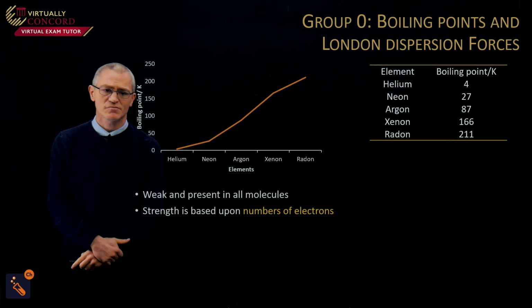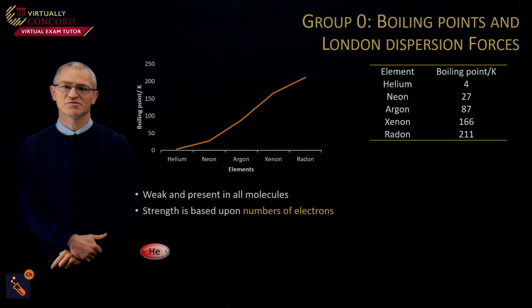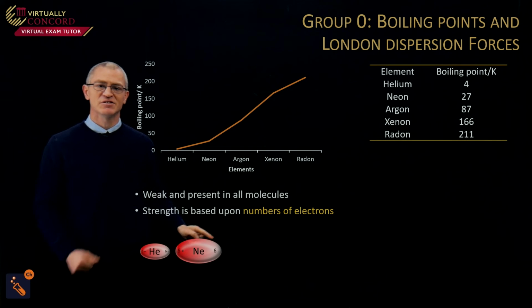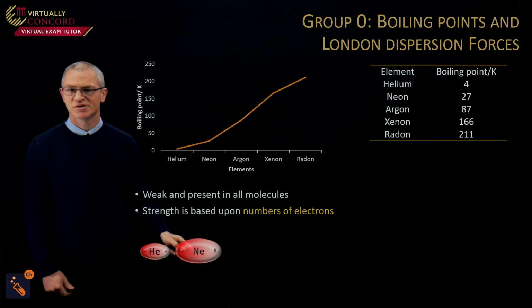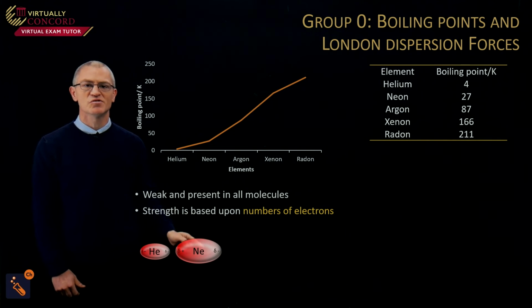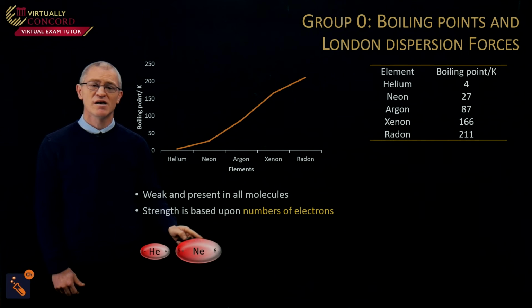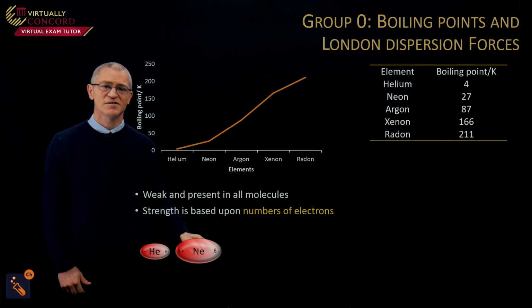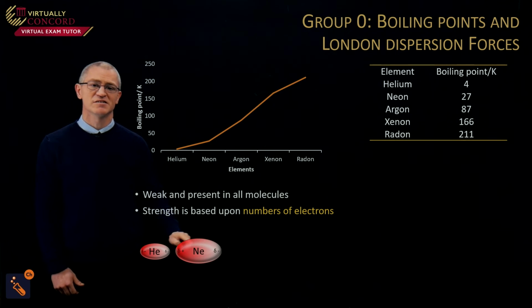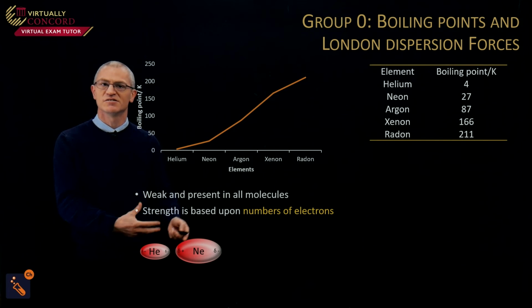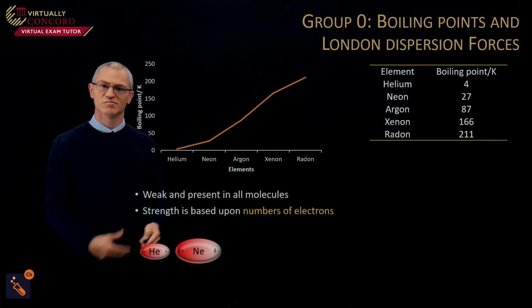Okay, so let's show this in pictorial form. If I have helium, it might have an instantaneous dipole like this. Neon is a bigger element. Because neon is a bigger element, it's got more electrons, a higher number of electrons, so therefore the cloud is going to be more unequally distributed, and therefore these delta minuses and delta pluses are going to be a bit stronger, which means they'll induce a stronger London dispersion force, a stronger attraction between the molecules.